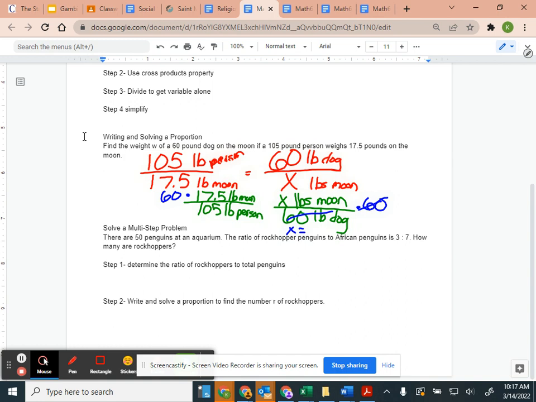Ryan? 1,050. Then we want to divide that by our 105-pound person, which is what? 10. So our dog on the moon would equal 10 pounds.